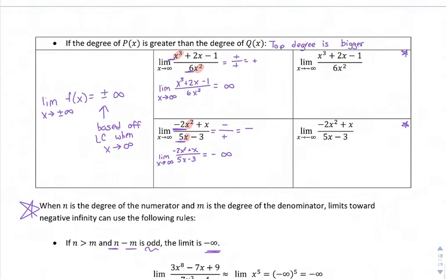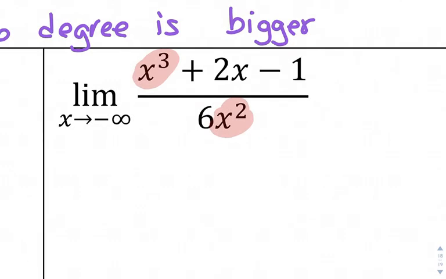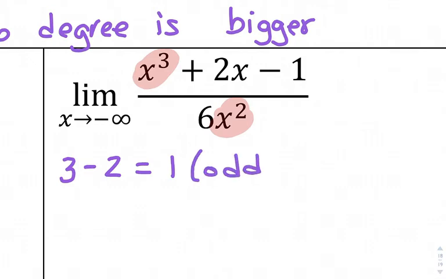Looking at these examples, I notice that my top degree is x cubed. My bottom degree is x squared. So I'm going to do 3 minus 2. 3 minus 2 is 1. 1 is an odd number.